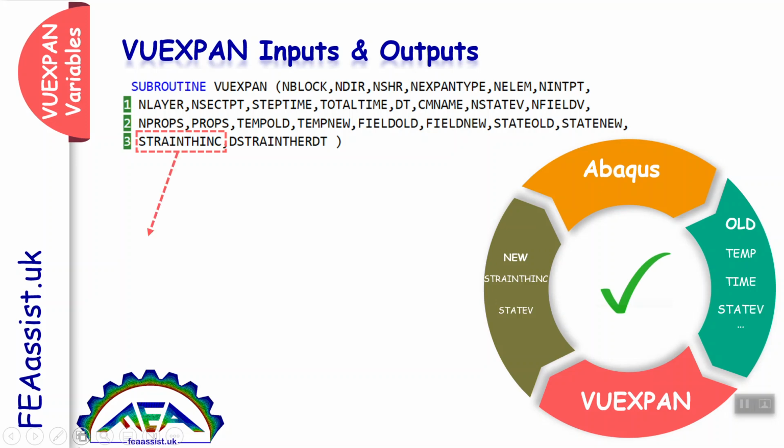Strain thermal increment, delta L per L0 is equal to thermal expansion multiplied by delta T. So this thermal strain needs to be written and defined in VU expand subroutine.